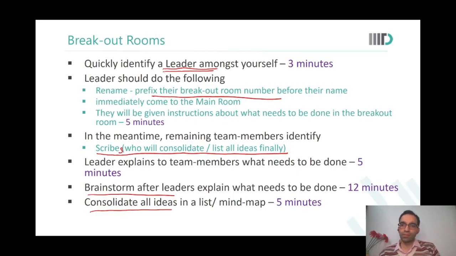Good afternoon, sir. I'm from room number 6, so I'll be the team leader. Yeah. Rachit, please rename yourself as 6_Rachit, please. So we don't have anyone from room number 3, 4, 8, 9, 10 yet.